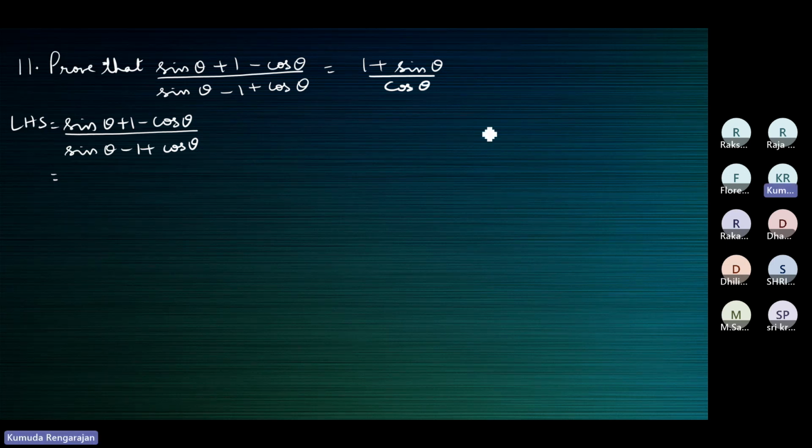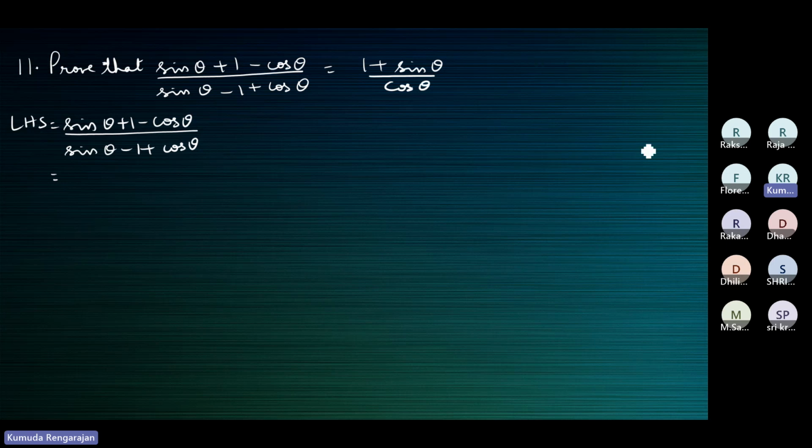So what we do is we need to take that help from the RHS. The right hand side can be made up of secant and tan or cosecant and cot. Now we don't have any of them in the right hand side. It's 1 plus sine theta by cos theta on the right hand side.